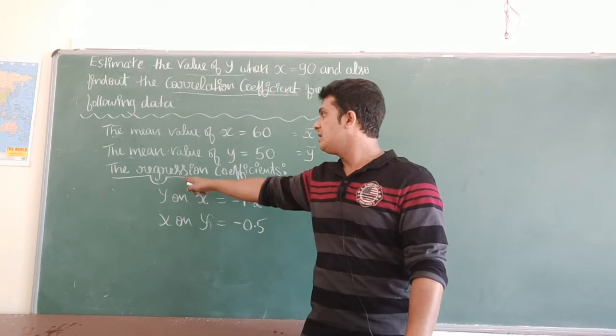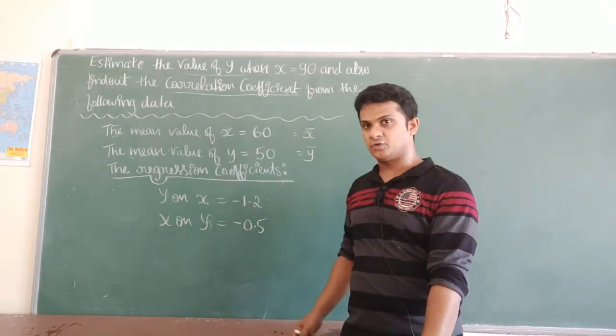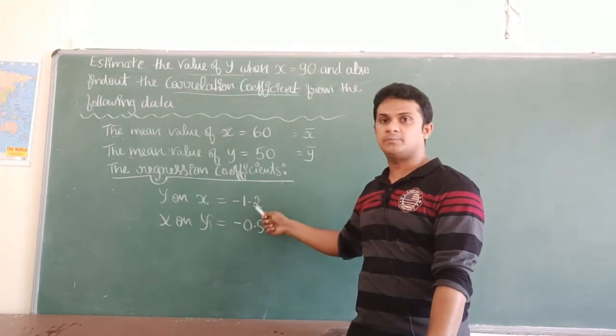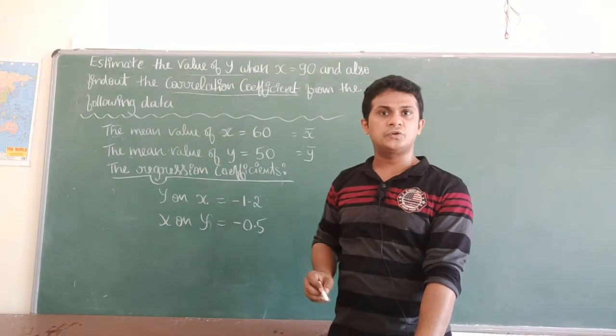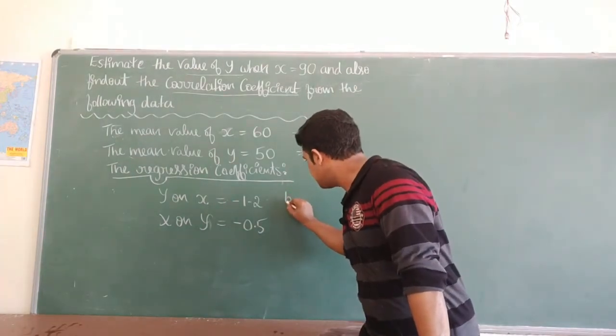Then they have given the regression coefficients. First they have given y on x, which is equal to minus 1.2. How do we indicate the regression coefficient? We indicate it as b, right?